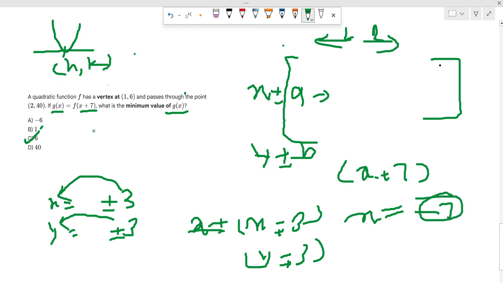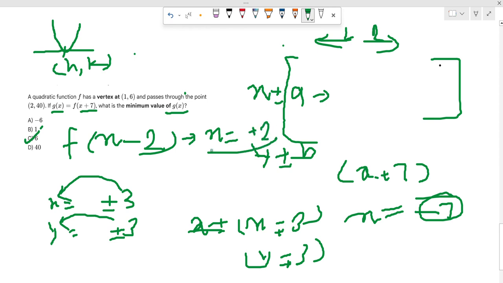And if the question was f(x minus 2), then x is plus 2, and I would say it has gone 2 units to the right. If it is plus here, it is the left, and if here it is minus, then it is to the right.